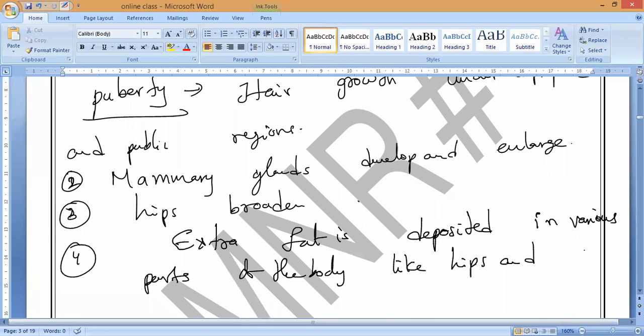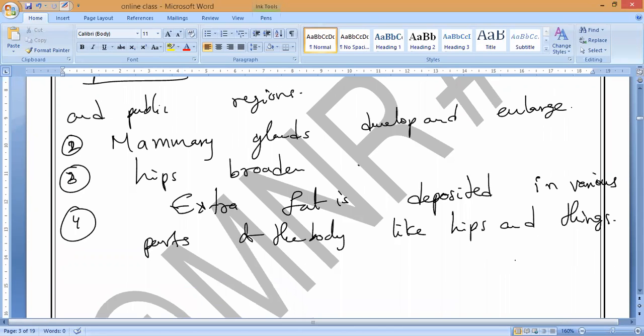Have you noted down? See, everything will come for three more questions. By the time, you have to write everything clearly. Also remember, mammary glands we also call breasts.